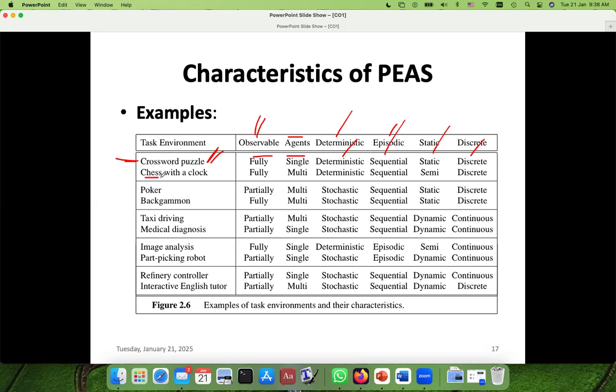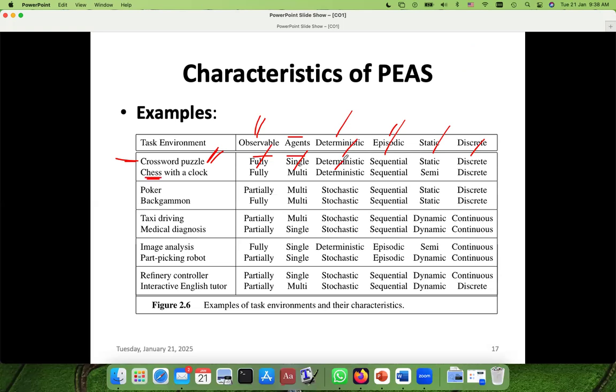Similarly, the chess game is fully observable. You can see all the 8 by 8 cells. It is a multi-agent game, and deterministic. You can determine the next state from the previous state.